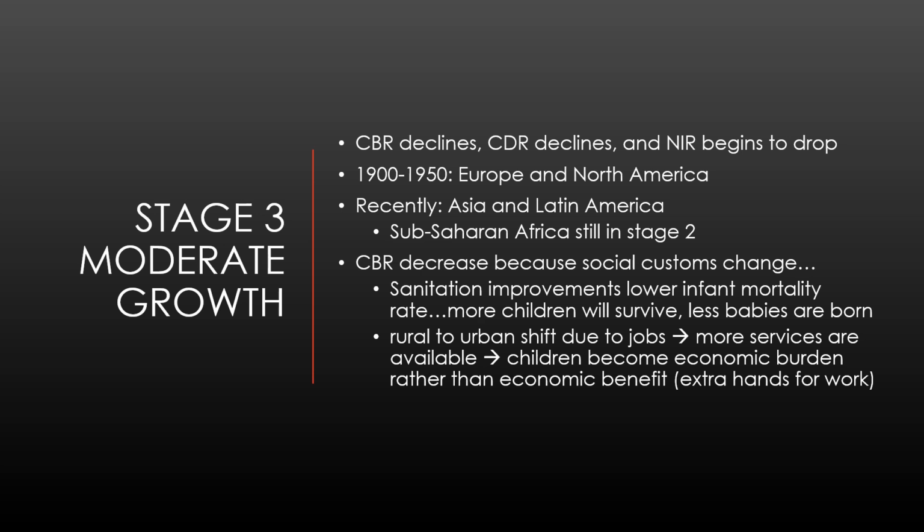So the birth rate decreases, and there are several things here. Sanitation improvements, so mortality rate is going down, more children surviving, meaning fewer babies are being born. Then you have a rural to urban shift due to jobs. People are moving to cities, and when they move to cities, all these services start popping up.